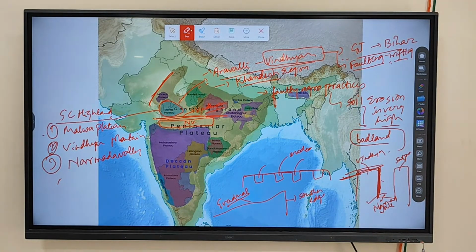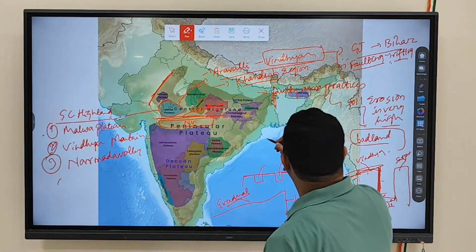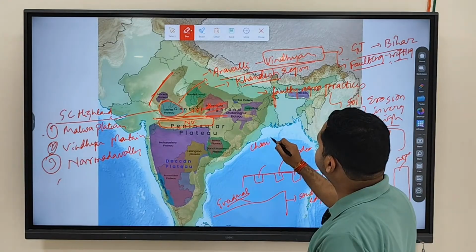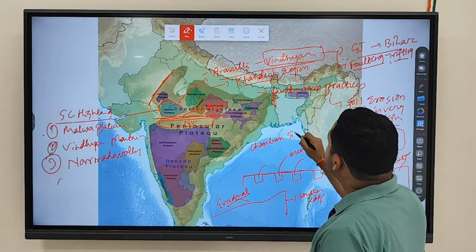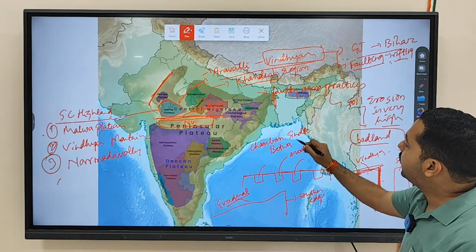Now Vindhyan is a source of many rivers. Many rivers are originating from the Vindhyan region. What are the important rivers? Chambal River, Sindh River, Betwa River, Ken River.